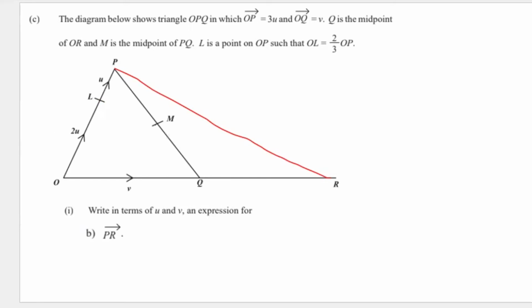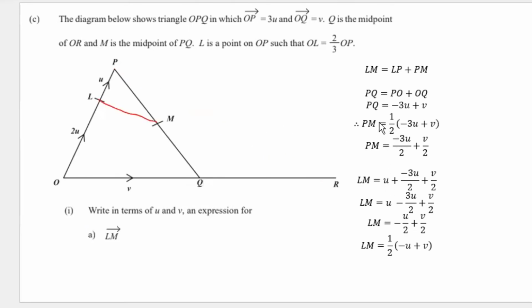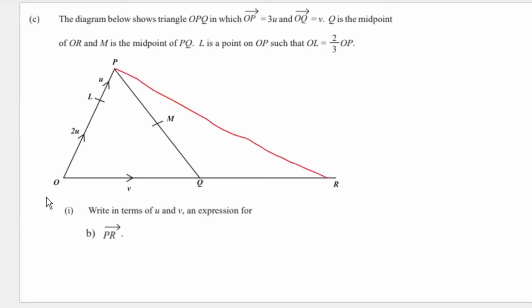Whichever you choose, your answer would still work out to be the same. You already know what PQ is because you worked it out in part 1. PQ was minus 3u plus v, or if you go PO then to OR, your answer would still be the same.